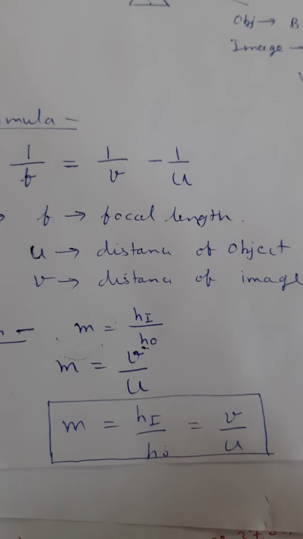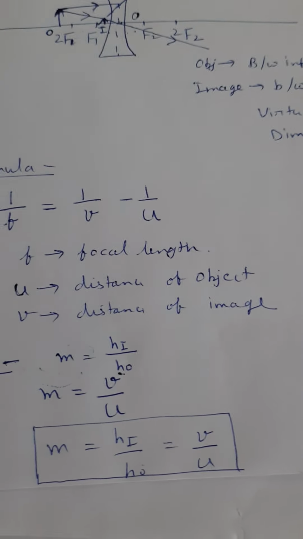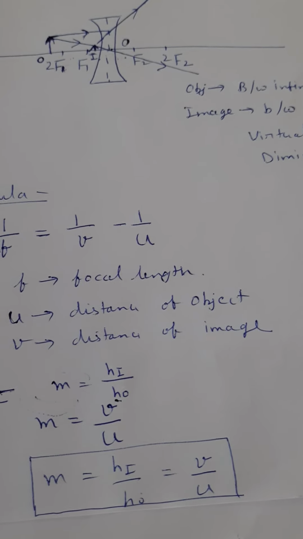Okay. Now I would like to discuss one numerical which is based on these two formulas, the lens formula as well as magnification. Suppose we have a question. You listen to the question carefully. I will write the terms, and the question as well as the solution I will send you in the form of a PDF also.